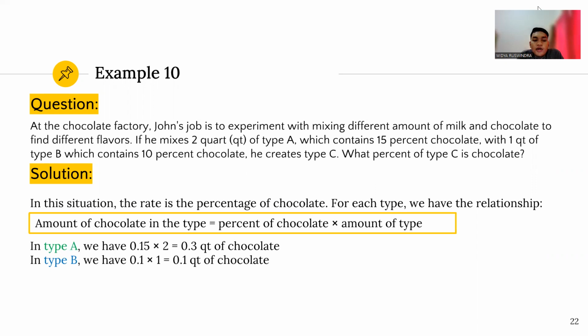In type B, we have 0.1 times 1, because type B contains 10%, which equals 0.1. So type B has 0.1 part of chocolate.